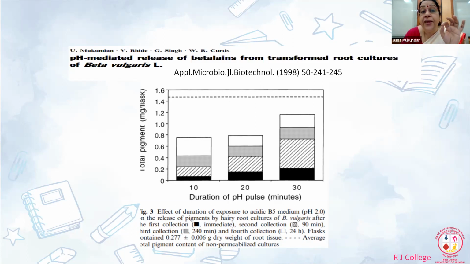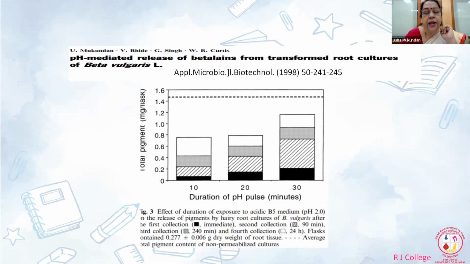So we gave the pH treatment as a pulse. That means we transferred it to a culture medium with a very low pH and then immediately put it back into fresh medium so that damage is minimum. And this graph tells you the duration of pH pulse and the amount of betalain which is accumulated. As you can see, almost double the amount of betalain could be brought into the surrounding medium, from where it can be recovered very easily.